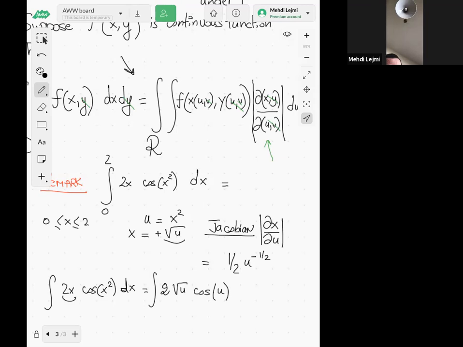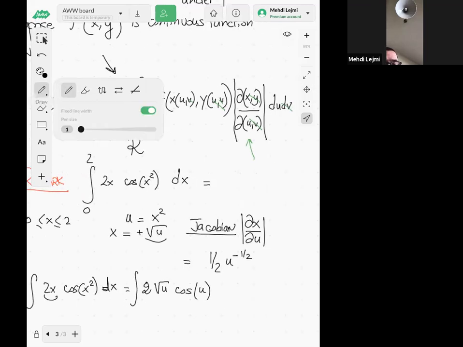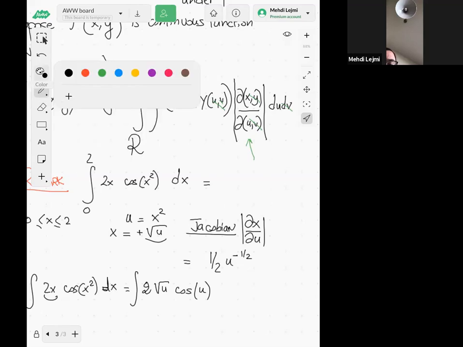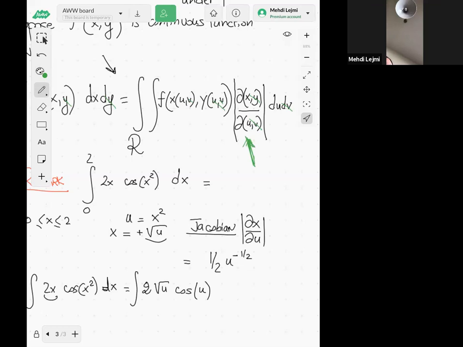Now, what's dx? Well, I'm applying this formula, so here I'm going to need my Jacobian. My Jacobian would be half u to the negative half, and then du, right? This is the Jacobian.